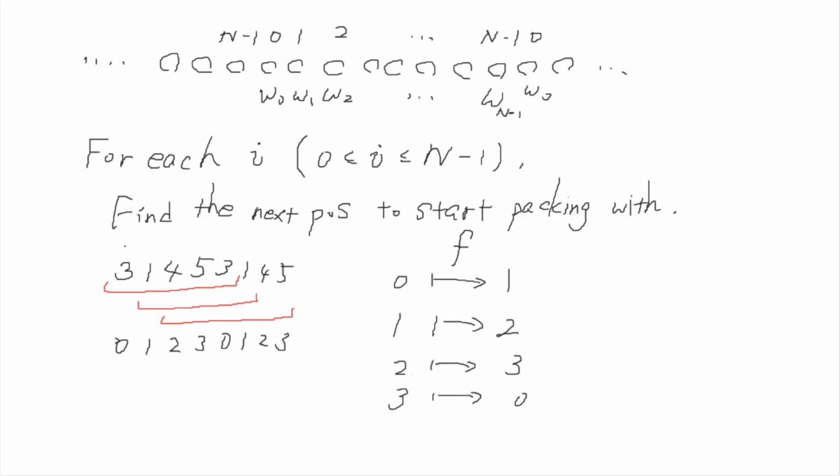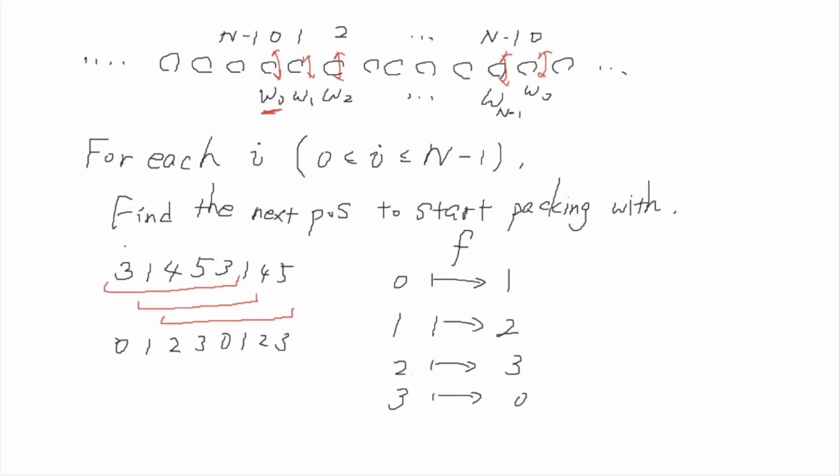So let's number the potatoes from 0 to N minus 1, corresponding to the index of W_i. So for each i between 0 and N minus 1, you can find the next position to start packing with.